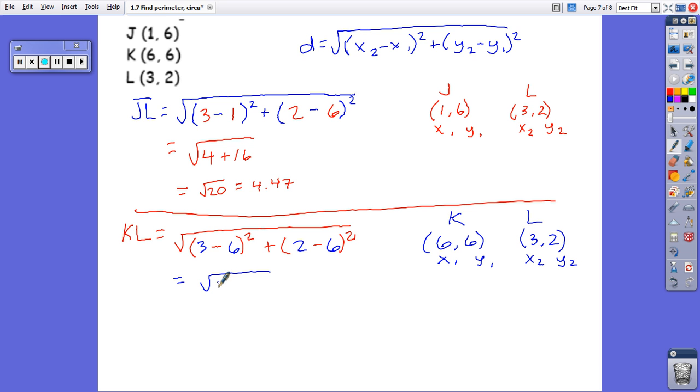Negative 3 squared is 9. 2 minus 6 is negative 4. Negative 4 squared is 16. And the square root of 25 is 5. So KL is 5.